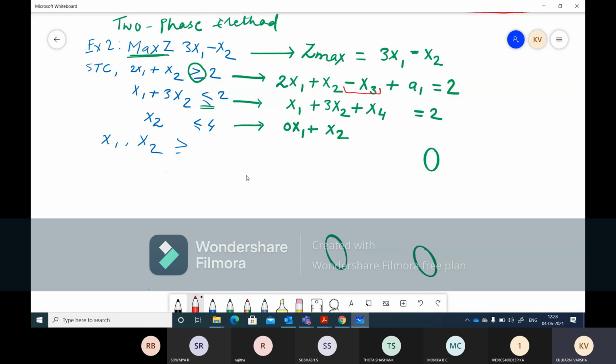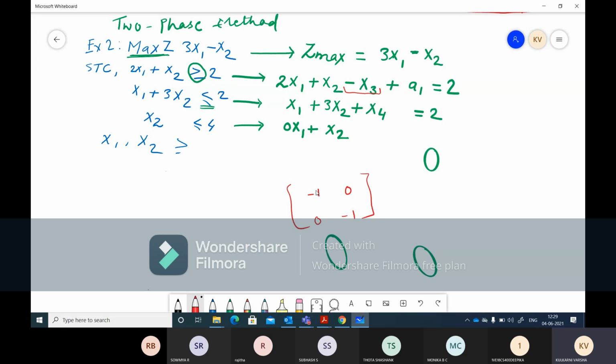Now when we start the table, we will get an identity matrix as minus 1, 0, 0, minus 1, something like this in the simplex method. Listen Shashank, I have already repeated this twice. So we'll have minus 1, 0, 0, minus 1 when we start the first iteration in our simplex table.